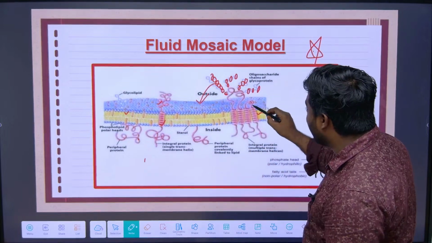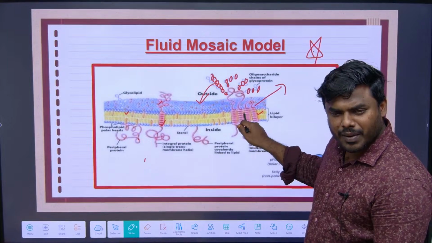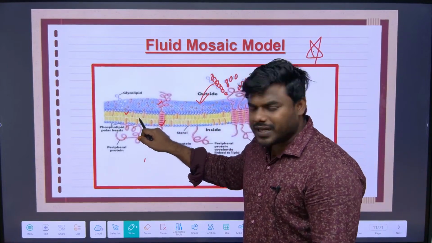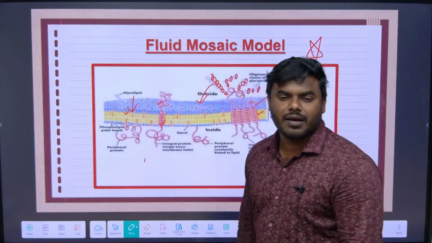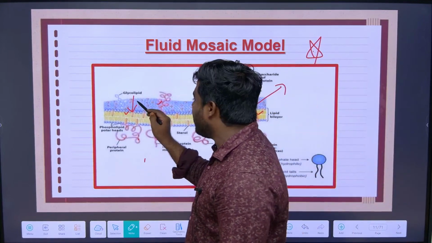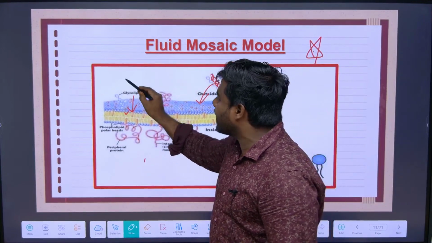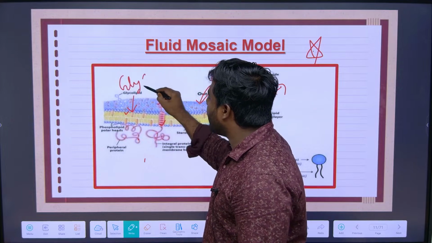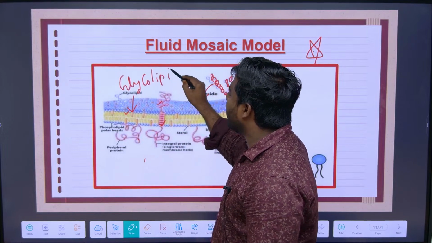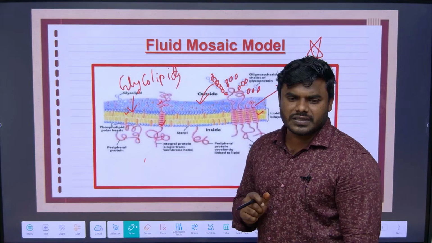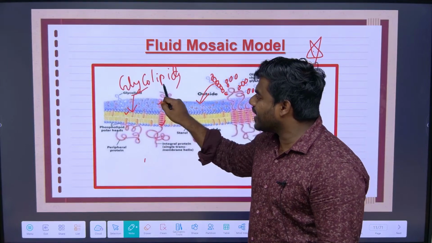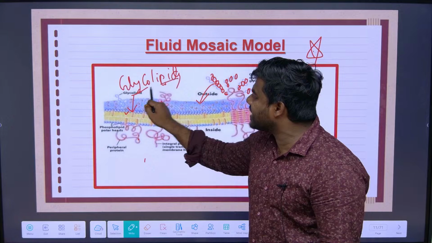Either they will be attached to the proteins present on the membrane, or they will be attached to the lipids present on the membrane. You all read, right? Whatever sugars are attached to the lipids, what kind of lipids do we call them? Glycolipids. Why do we call them glycolipids? Where the sugars are attached to the lipid components, we call them glycolipids.